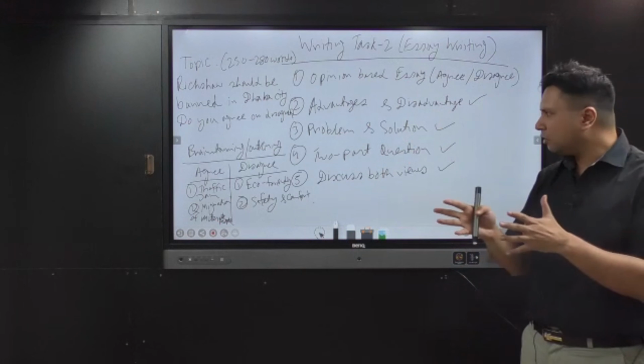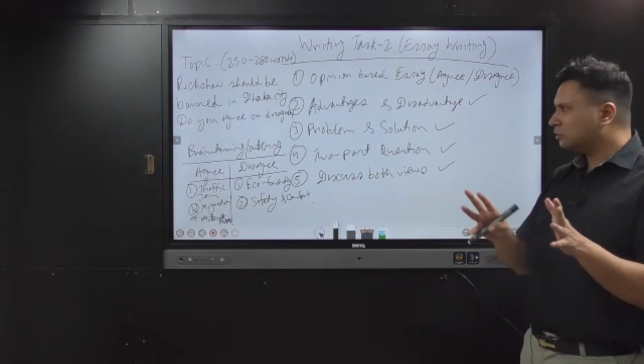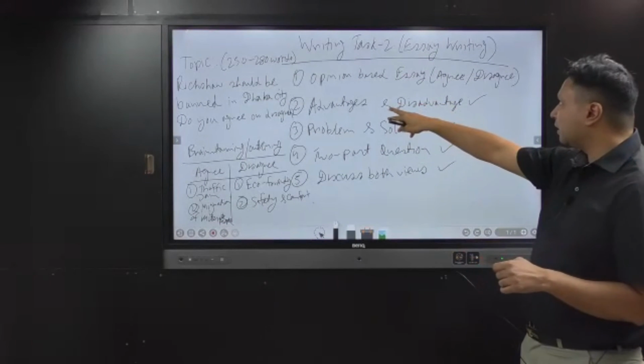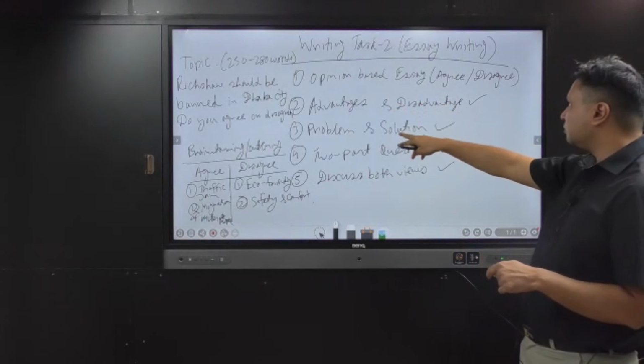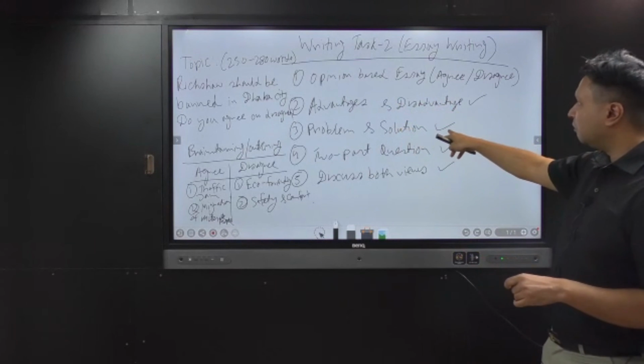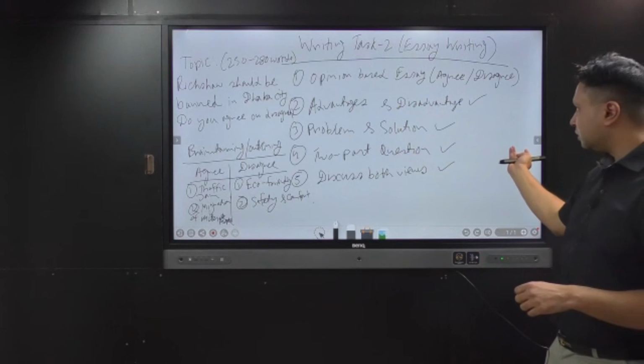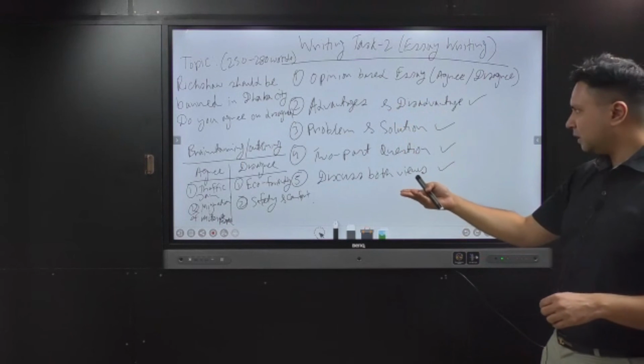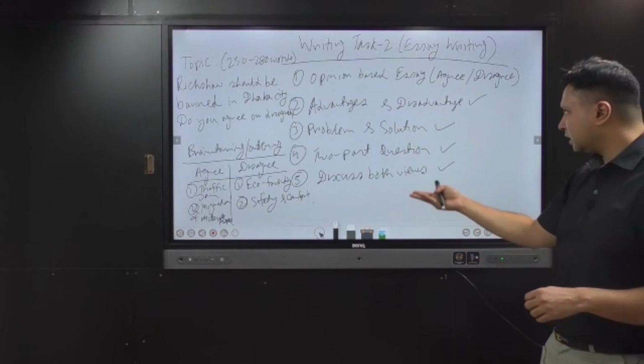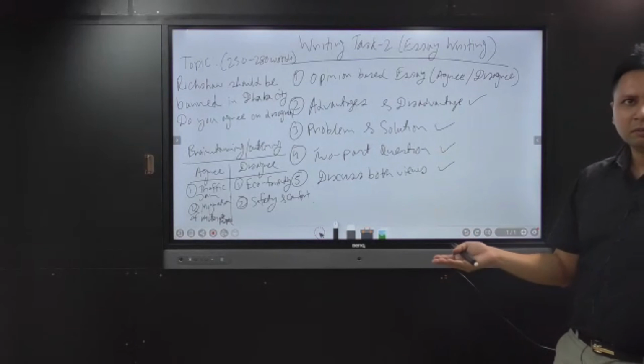Introduction and conclusion are common. Apart from those, 2 body paragraphs will be there. For advantage disadvantage, there will be 1 paragraph for advantage, 1 paragraph for disadvantage. For problem solution, 1 paragraph for problem, 1 for solution. For 2-part question, there will be 2 kinds of questions, and you have to give the statements in your own way. Discuss both views. You have to discuss, of course, both sides of views.